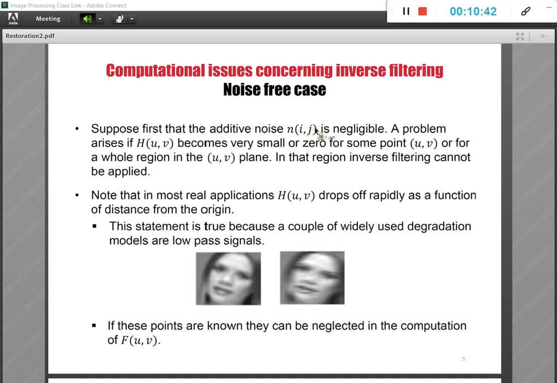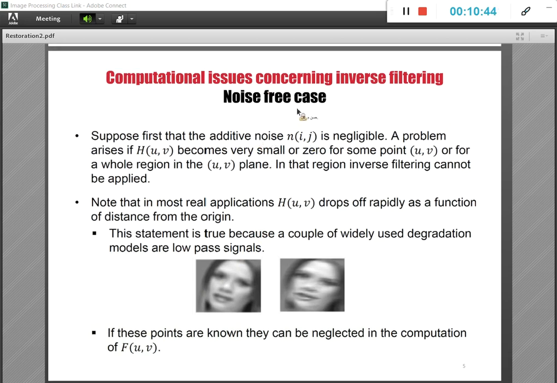Computational issues concerning inverse filtering. First, the noise-free case. Suppose first that the additive noise n is negligible, about 0, very small. A problem arises if H in the spectral domain becomes very small or 0 at some points.